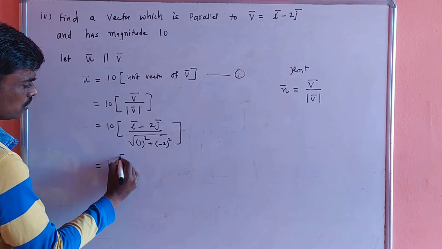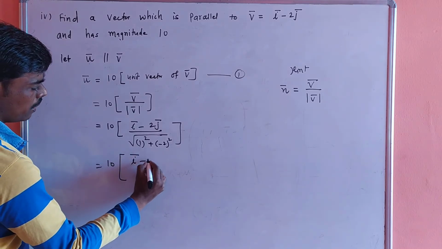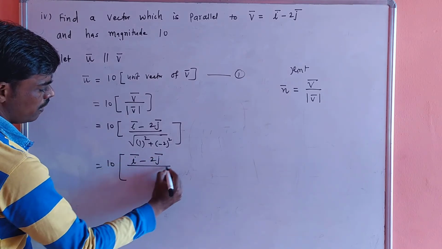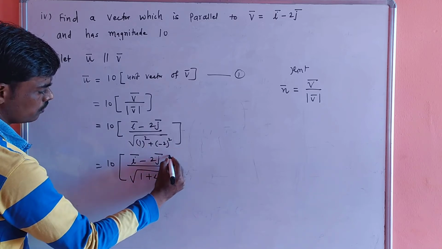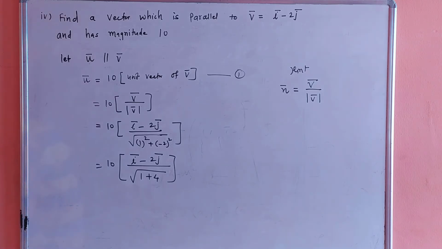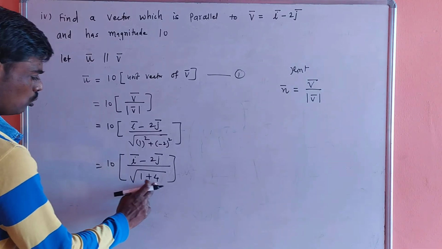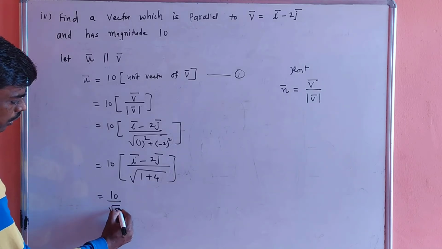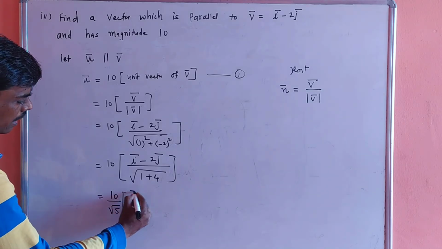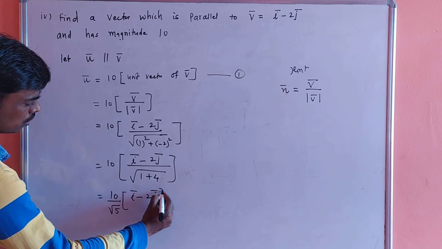So 10 times i minus 2j divided by square root of 1 plus 4, minus 2 into minus 2 is plus 4, so 4 plus 1, 5. So 10 by root 5 times (i minus 2j).